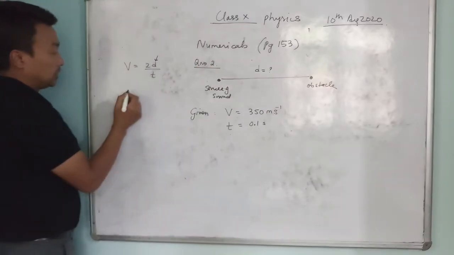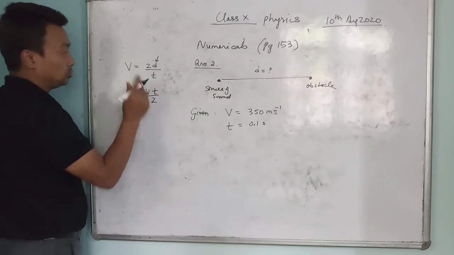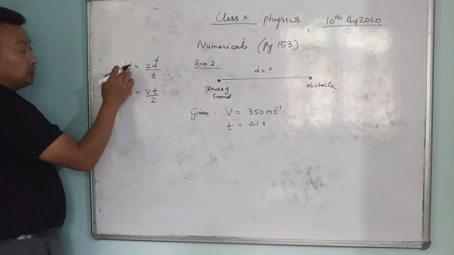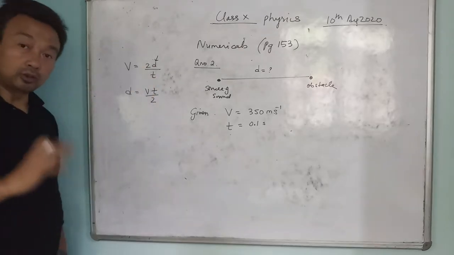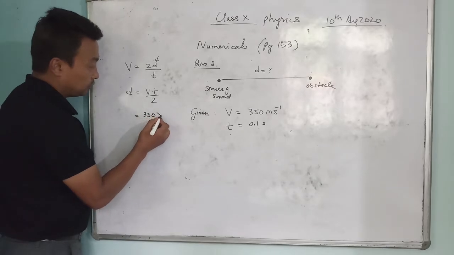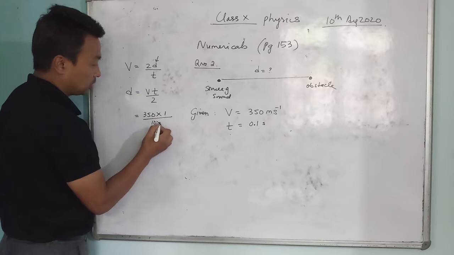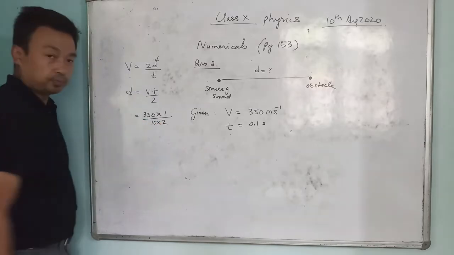After cross multiplication, we get d equals v into t upon 2. Now simply substitute the value of velocity: 350 times 1 by 10, divided by 2.